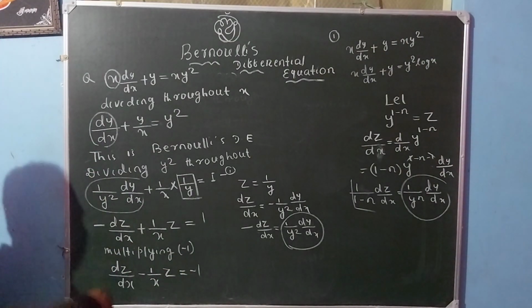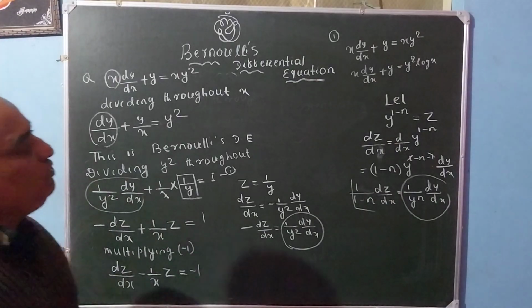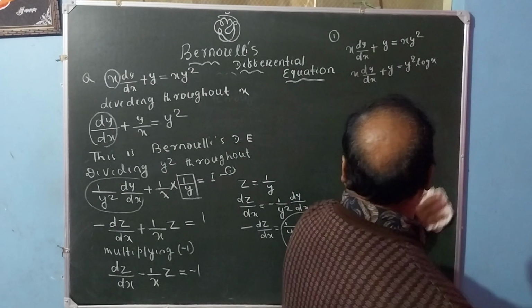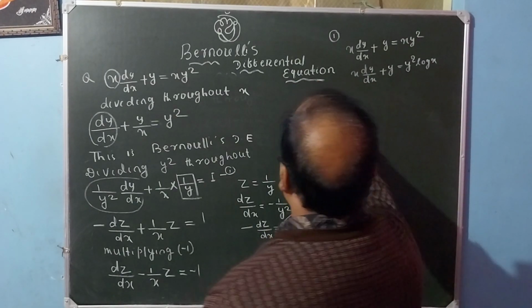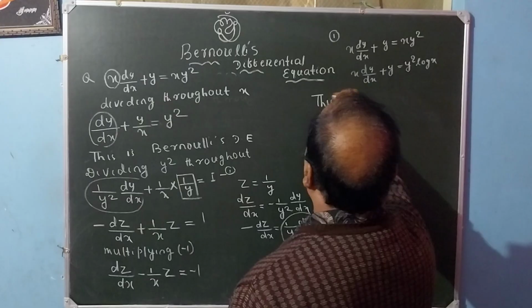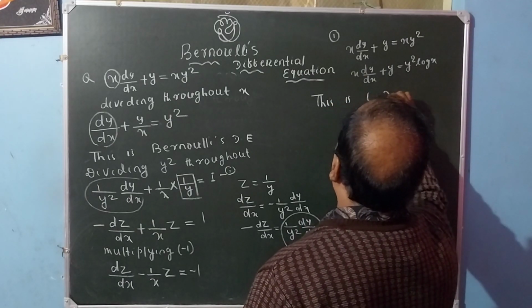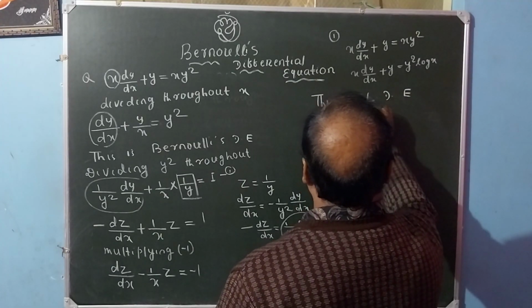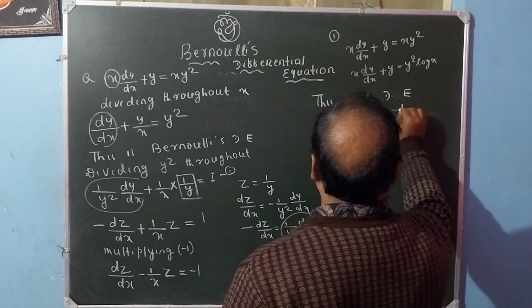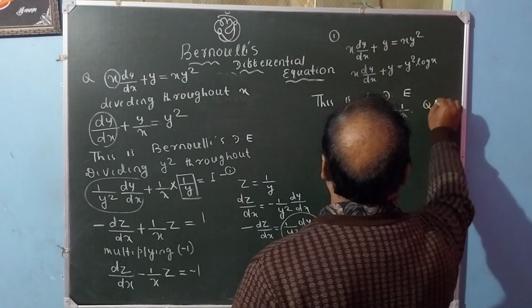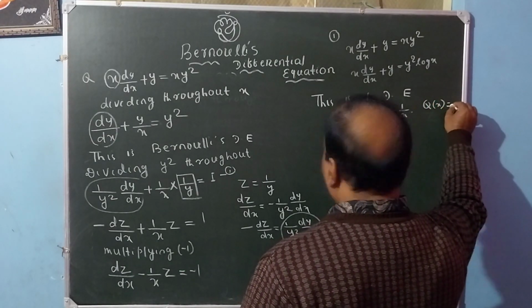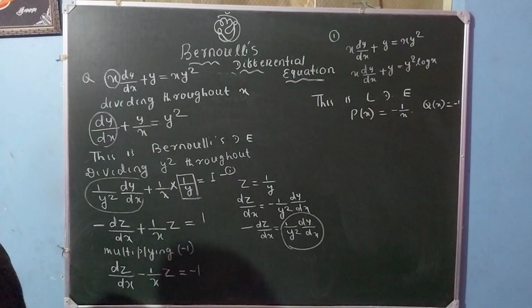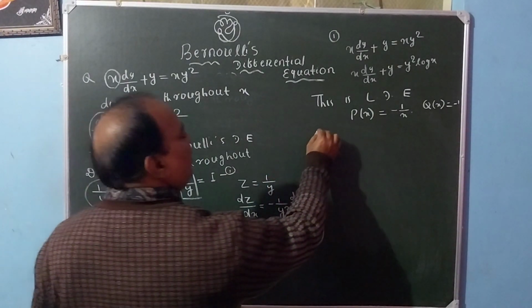So this is now a linear differential equation. P(x) is minus 1 by x, Q(x) is minus 1. We have to find the integrating factor.